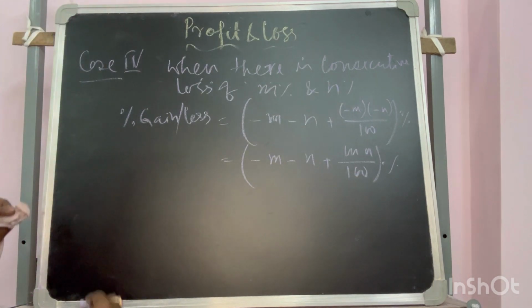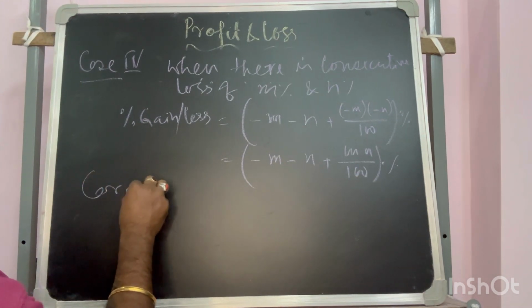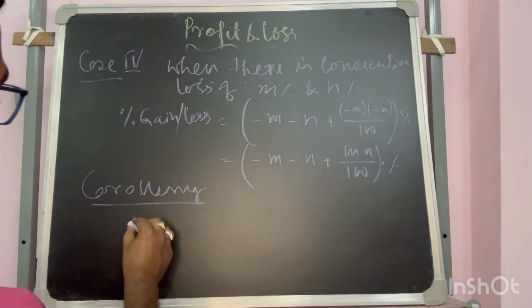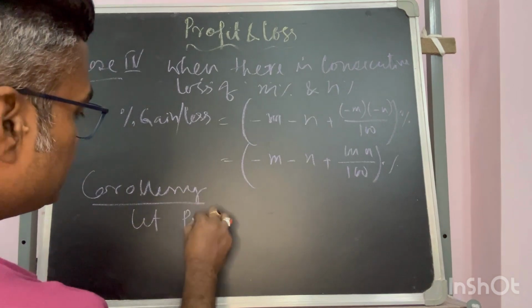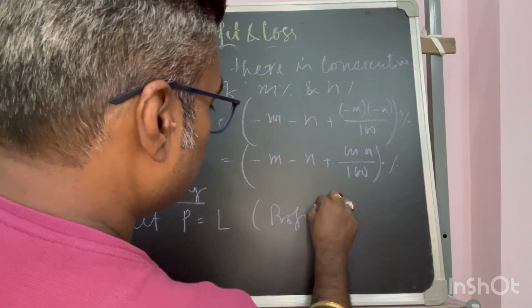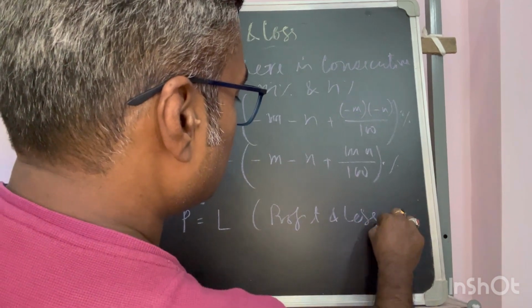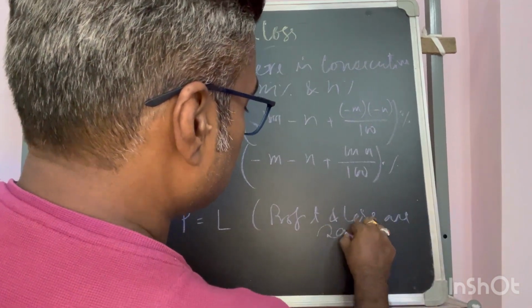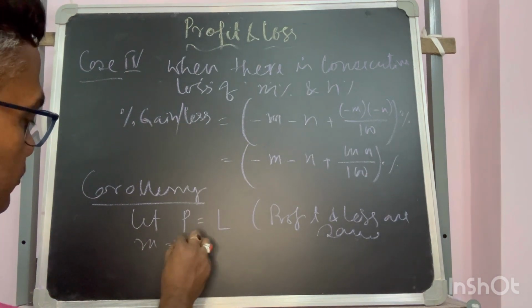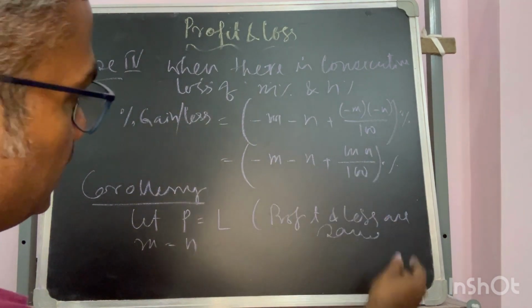Now some corollary. Let P is equal to L, that means profit and loss are the same. So if we use the actual equation, m is equal to n, then what is the case?